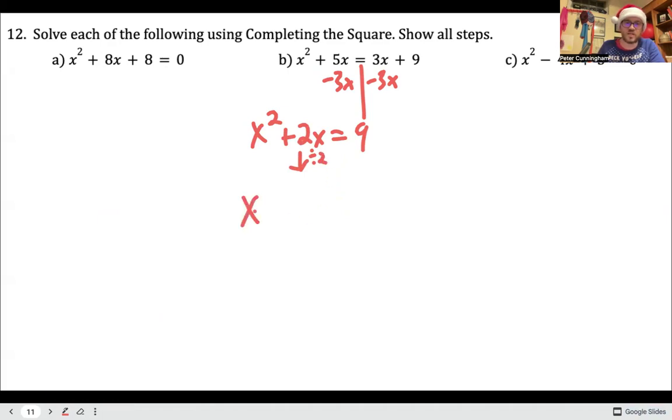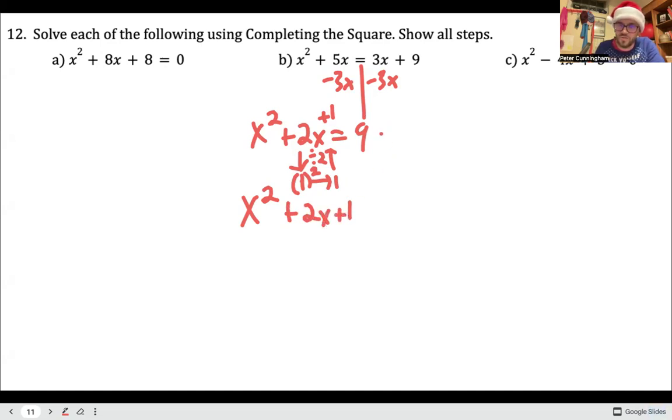And now I have x squared. Just really screwing up. Divide by 2 is 1. 1 squared is also 1. That's what I'm going to add to both sides. I'm adding 1. So I have x squared plus 2x plus 1.